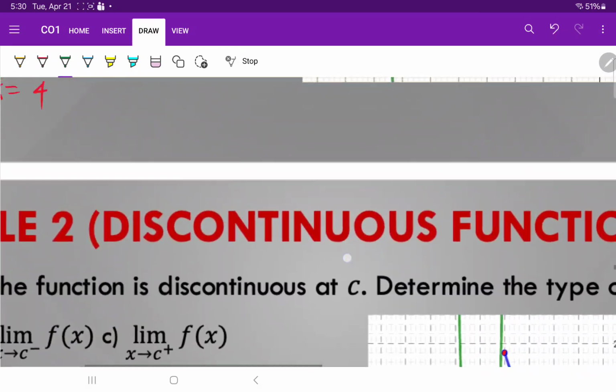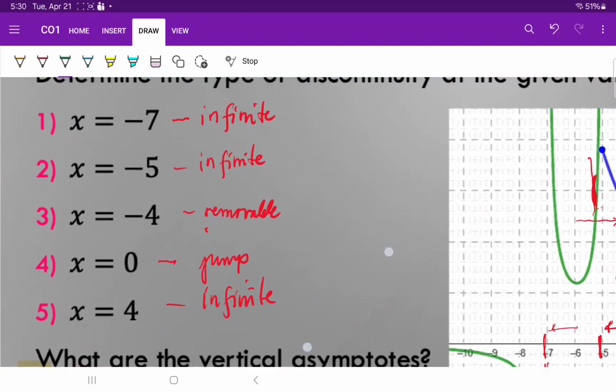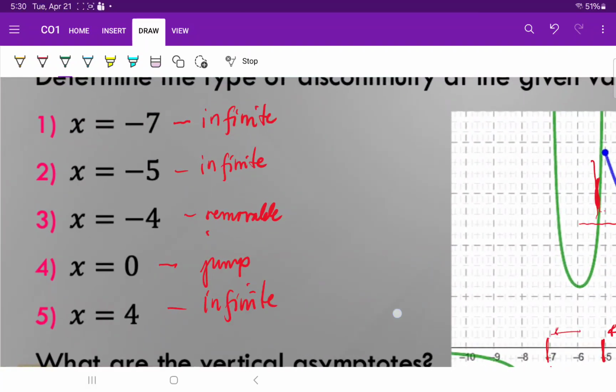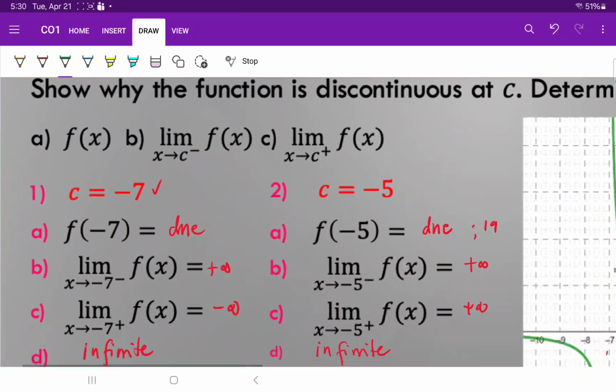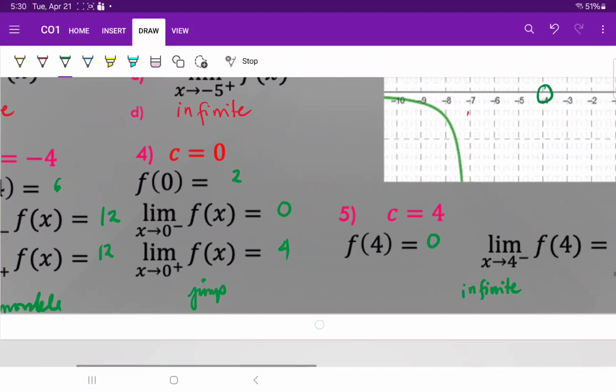So these are the proof of what we concluded using the graph. Infinite, infinite, removable, jump, and infinite.